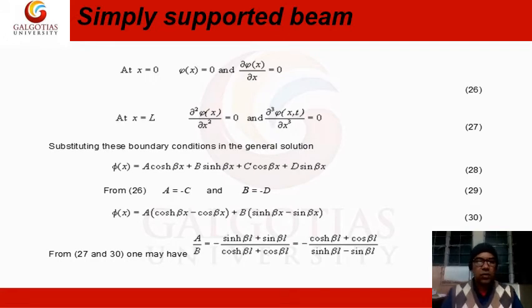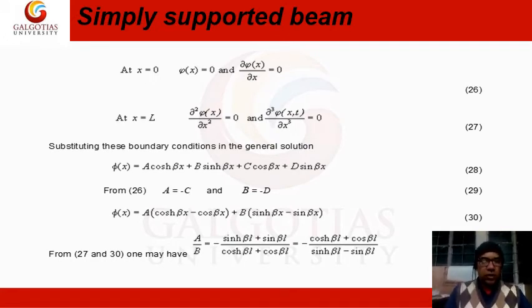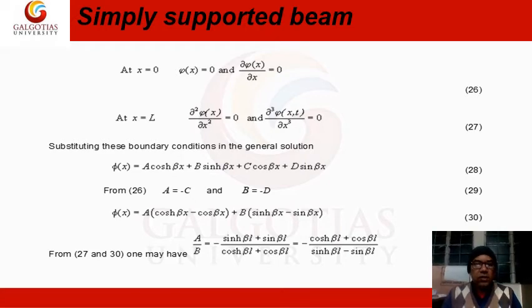So now we are putting those boundary conditions, and we'll see how, using these boundary conditions, we can find the solution of the beam. Substituting these boundary conditions in the general solution, we'll get this one, where a equal to minus c and b equal to minus d.